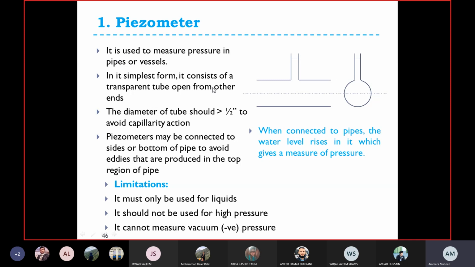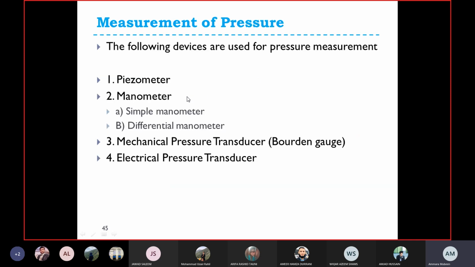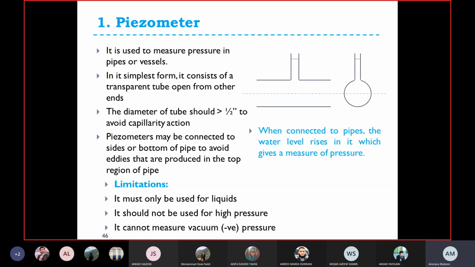We use piezometer for that purpose. Mechanical and electrical transducers are also used for that purpose. The parameter which is called pressure is very important in determining many other factors in the flow dynamics of the fluid, either in a pipeline or in an open channel.